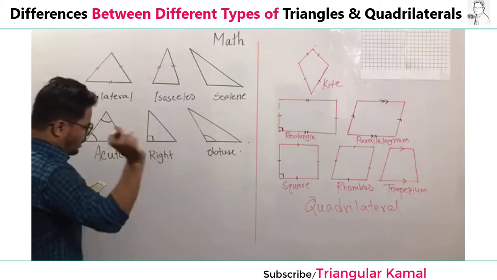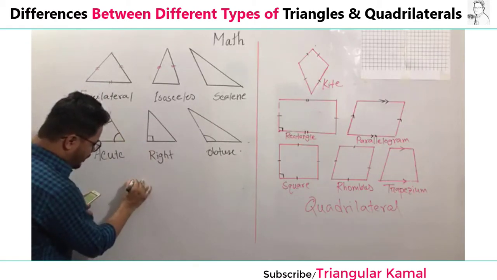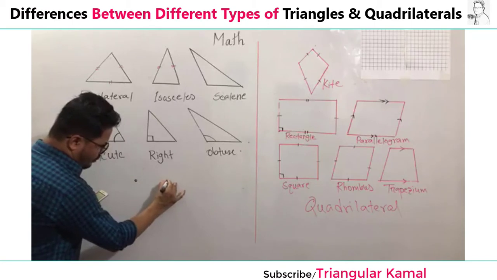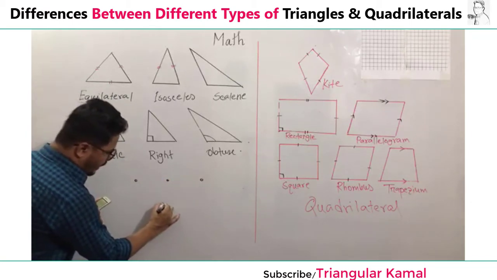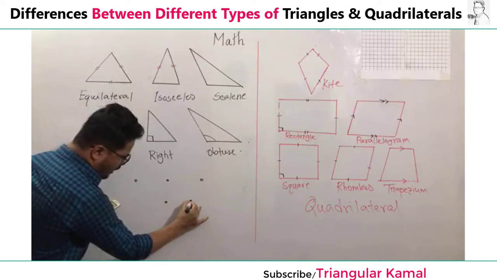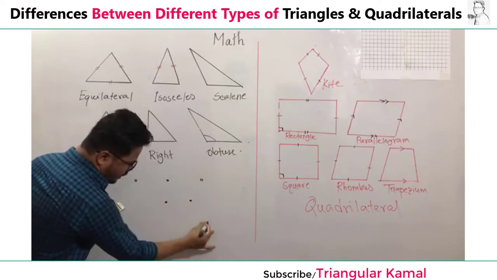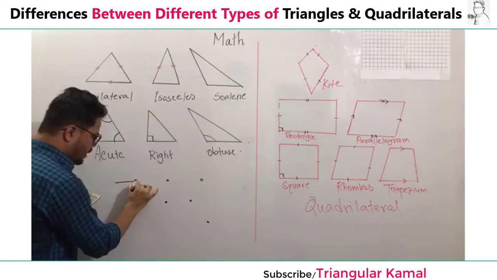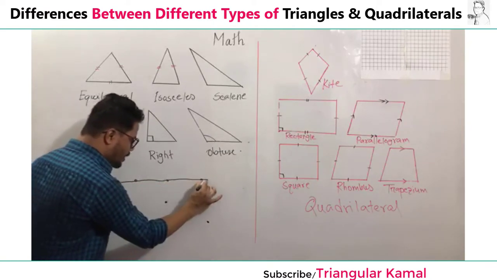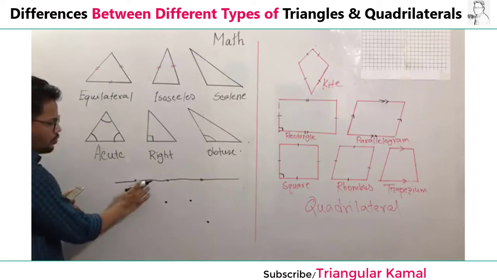Another special character: if we see 3 points, 1, 2 and 3, in a straight line, we cannot draw a triangle between them. This will be a line.